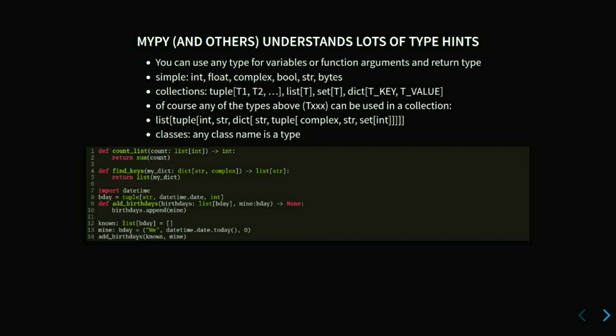Okay, so some really bad examples. They're just little code snippets showing how we can use the type hints with the count list, where we say that we will pass in a list of integers and return an integer. Same idea for find keys, but we're using a dictionary.